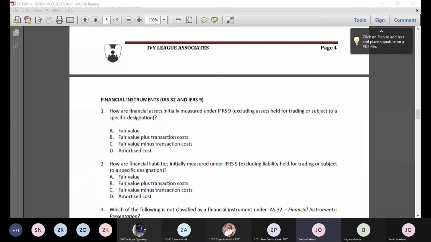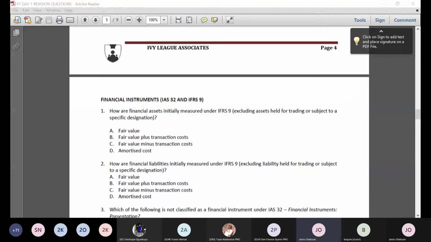But for any financial liability that will not be subsequently measured at fair value through P&L, that is, those to be measured subsequently at amortized cost, the initial value should be fair value less transaction cost. Fair value minus transaction cost. That should be the initial value.